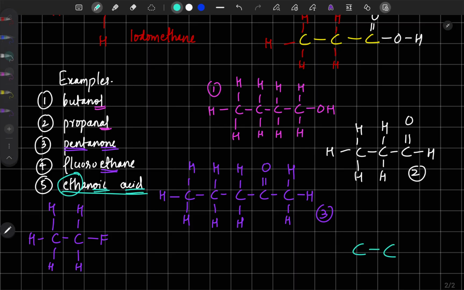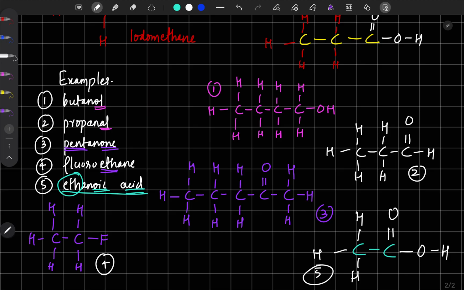There will be a double bond O to one carbon and one OH to that carbon itself. Okay, we have attached the functional group. Now attach hydrogens. So I attach 3 hydrogens here. No hydrogens are required for the second carbon because it's already having 4 bonds. So this is the 4th structure. This is the 5th structure.